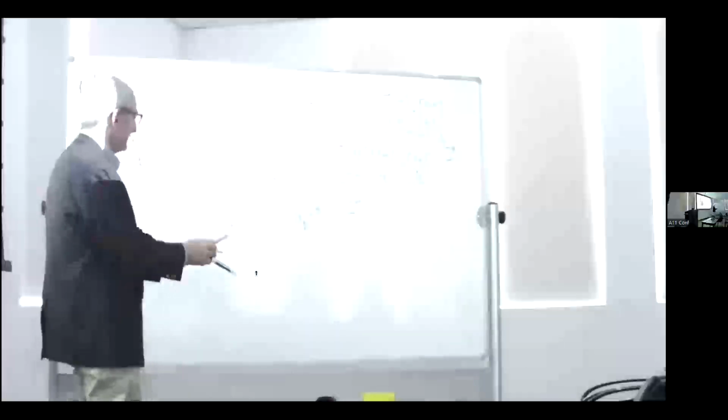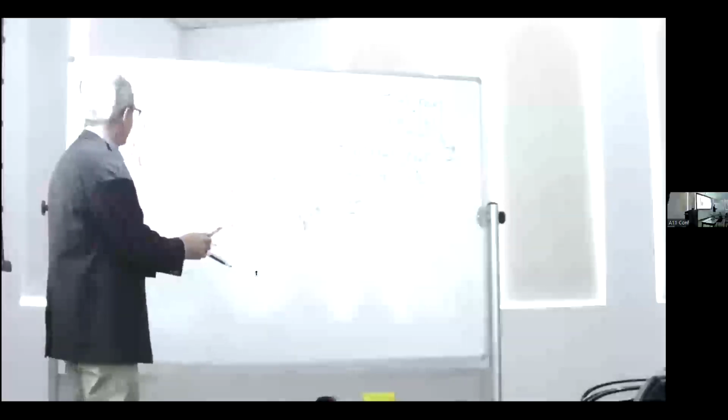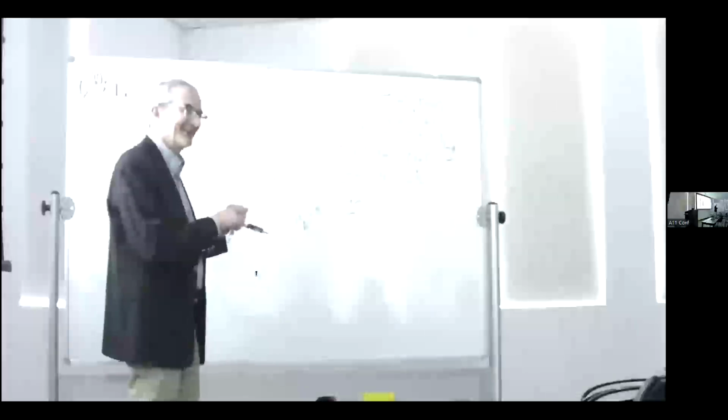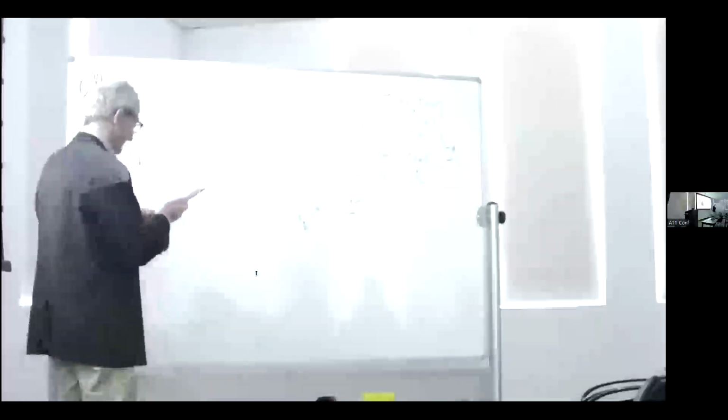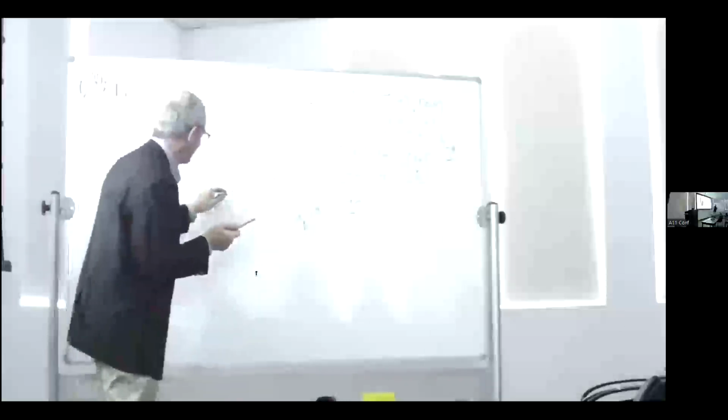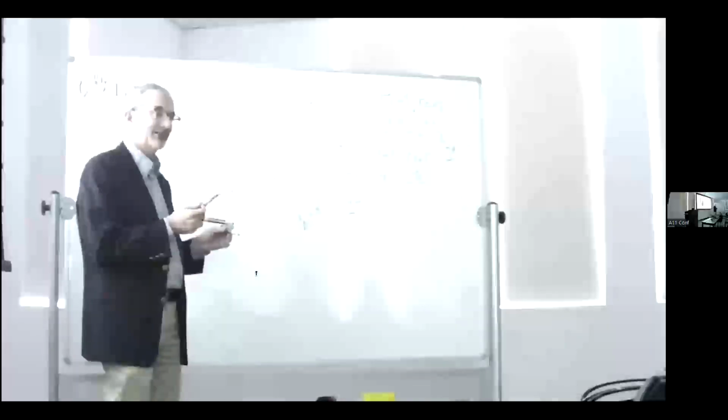And now what happens over time? Well, this one in my drawing has a positive frequency, so it rotates in this direction, like gravity. And this one, the green one, has a negative frequency and it rotates in that direction.